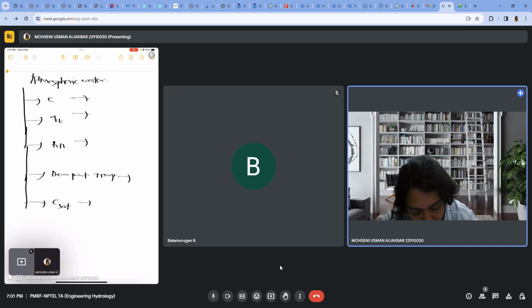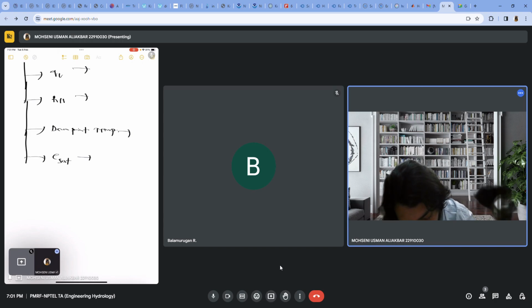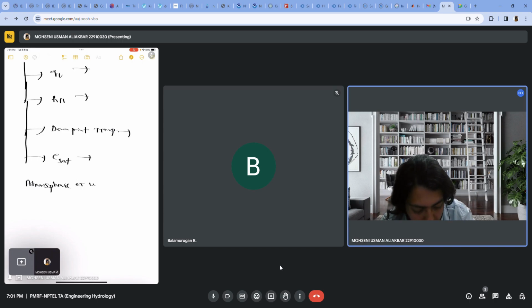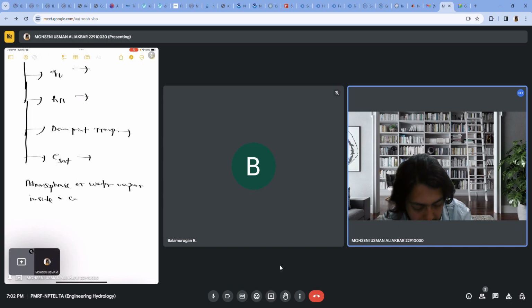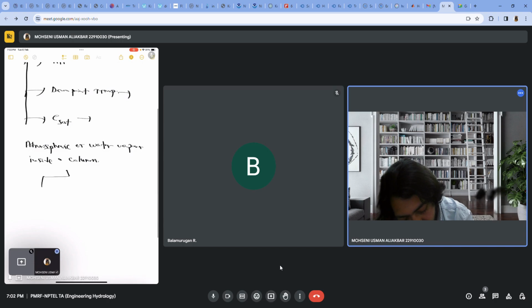Later we'll talk about atmospheric water or water vapor inside a column. Here we'll derive a few relations of pressure versus altitude.